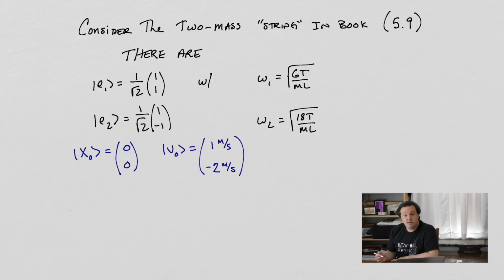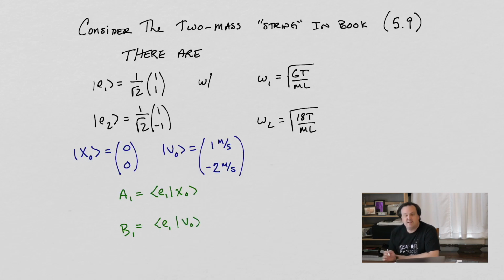So I have 4 different dot products that I have to do, right? I have to figure out, well, what is A1, B1, A2, and B2. So I know that A1 is E1 dotted with X0, and I know that B1 is equal to E1 dotted with V0.